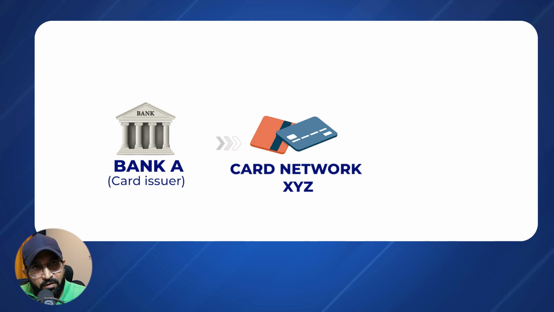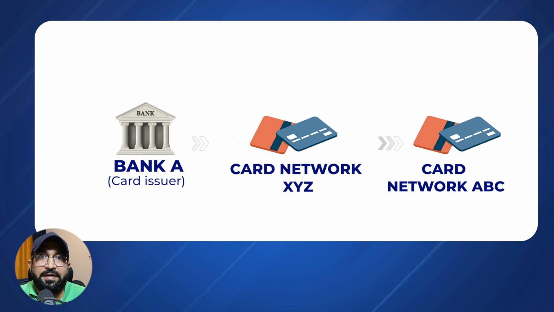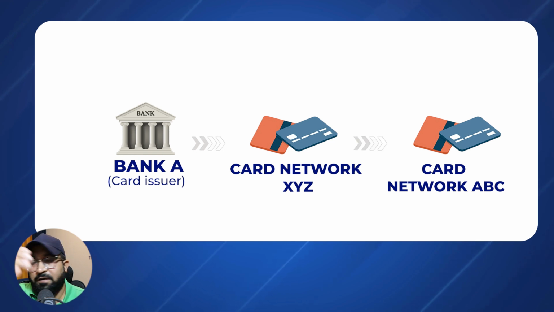So irrespective of whether this QR code belongs to XYZ, A, B, C or whosoever it is, they will forward the transaction to the XYZ network. Now, the XYZ network probably can identify that this transaction belongs to ABC. They can forward it to ABC, and ABC will send it to the acquirer, and the acquirer will send it to the merchant. This is another flow.